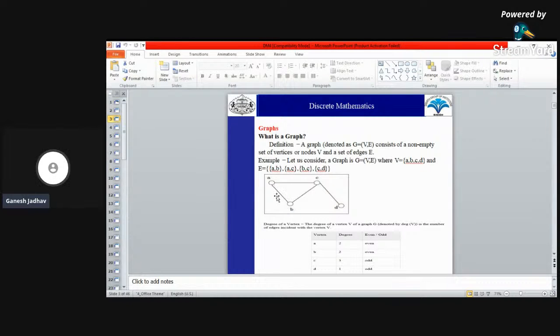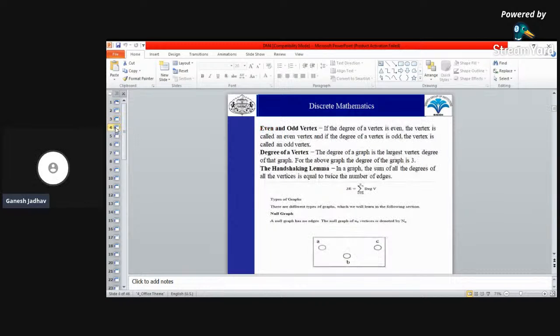The number of edges is 4, and the sum of all vertex degrees is 8. So this is proved.